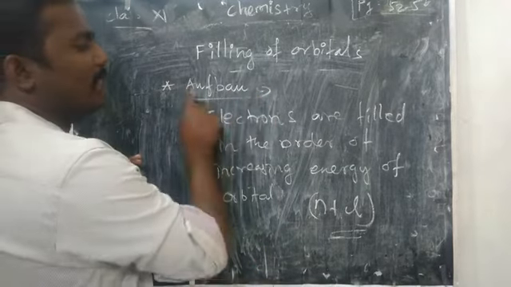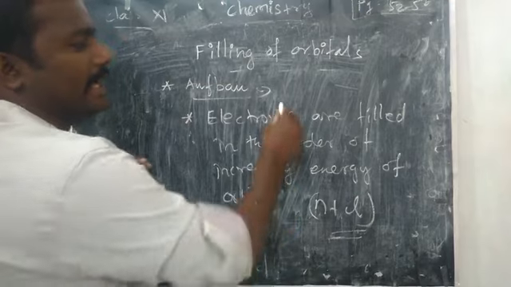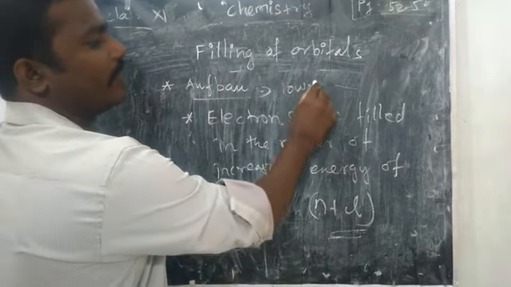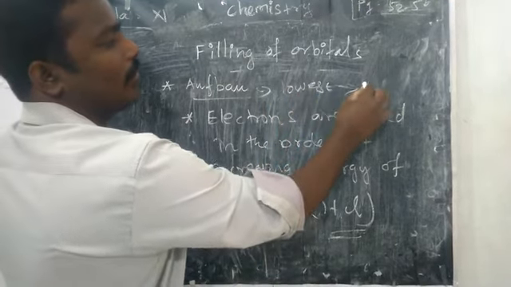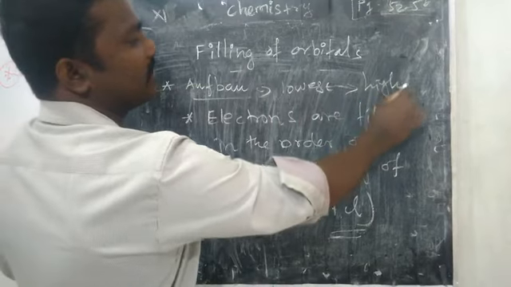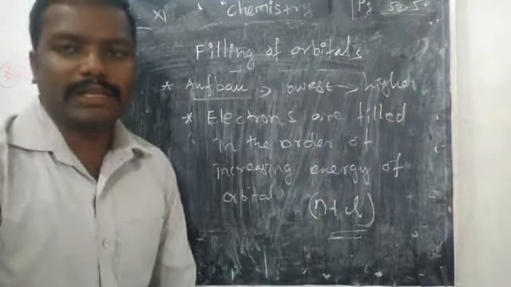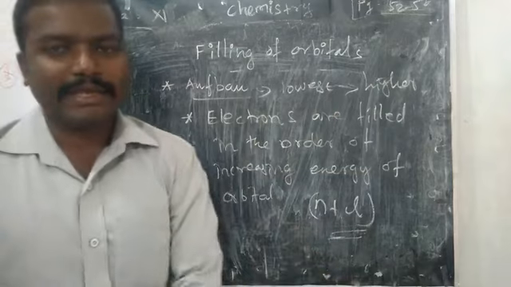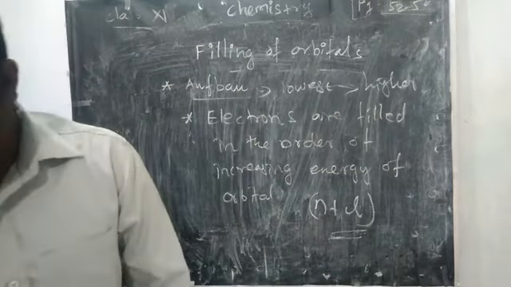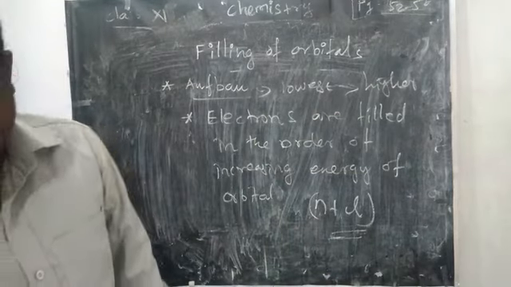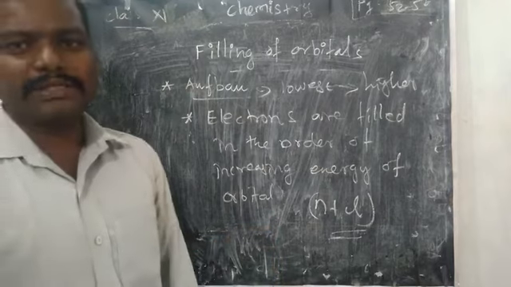Simply you can remember, Aufbau principle means electrons should fill from lowest to higher energy. If you want to fill the electrons from lowest to higher energy orbitals, we have to follow the n plus l rule.